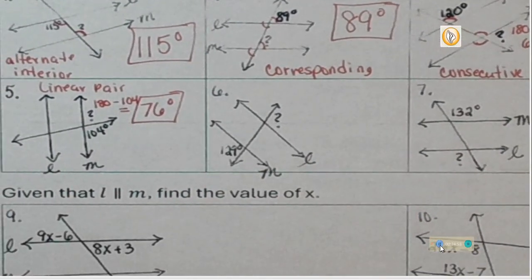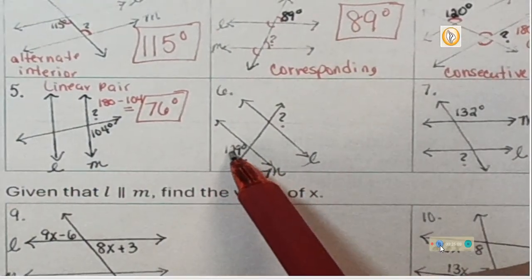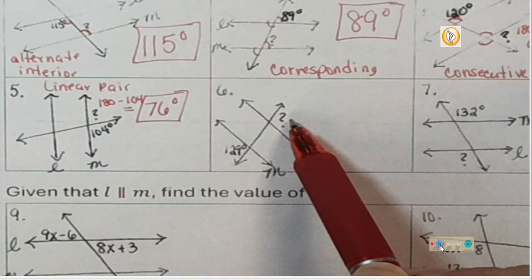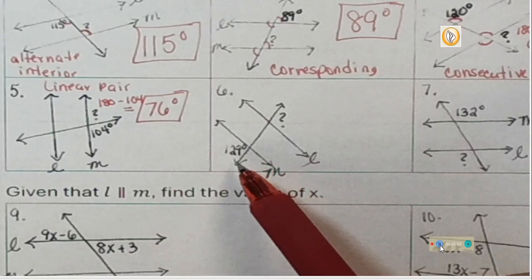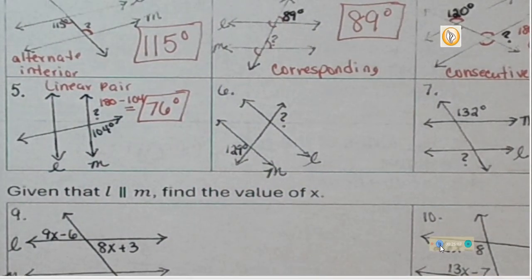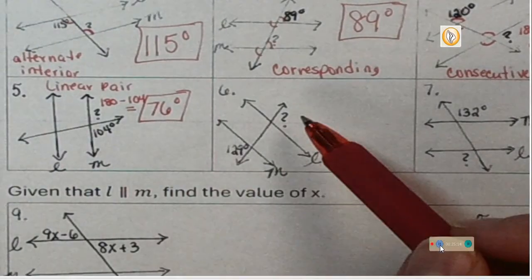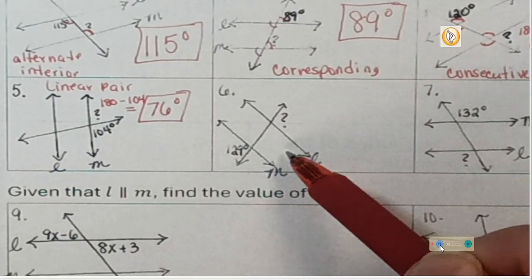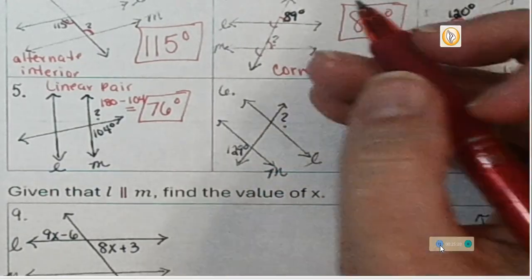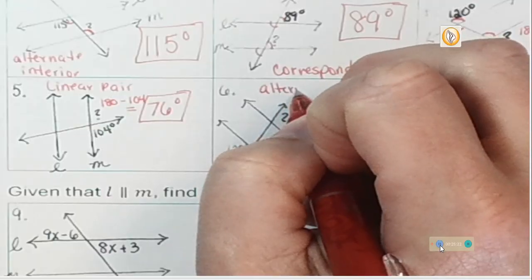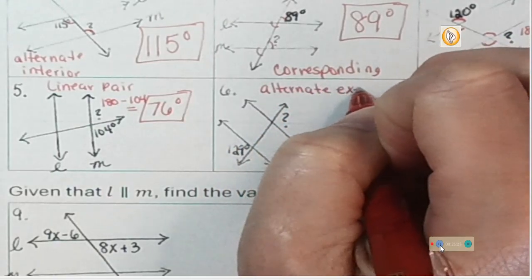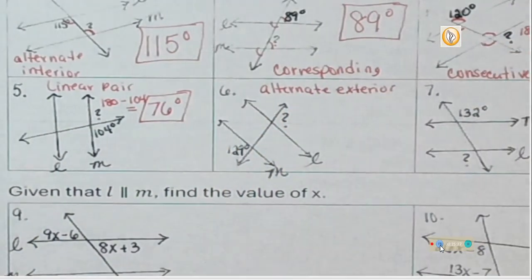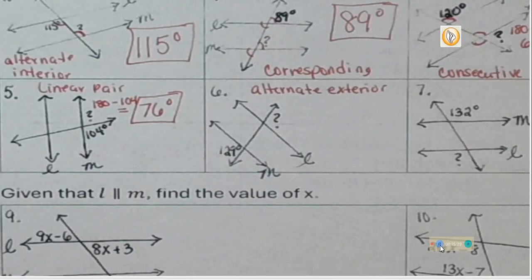All right, look at number 6. I have 129, and then I have this question mark. Now, here's my transversal. Are they on the same side of the transversal or different sides? Different sides. So that tells me they're going to be alternate. Are they interior, inside the parallel lines, or outside the parallel lines? So that is an alternate exterior set of angles. You've got to figure out, what do you know about them?